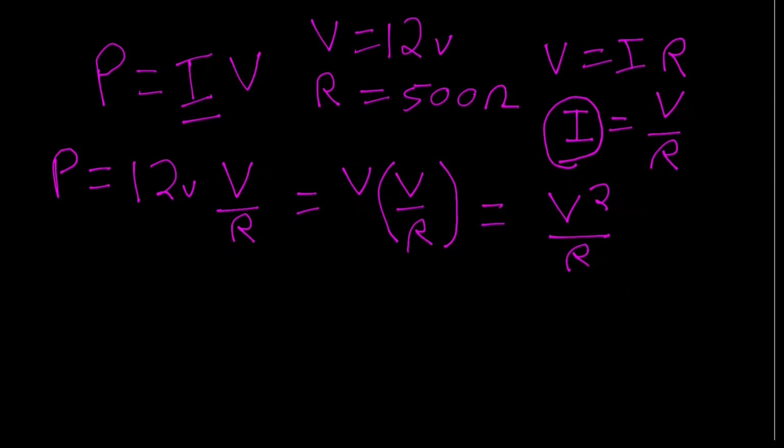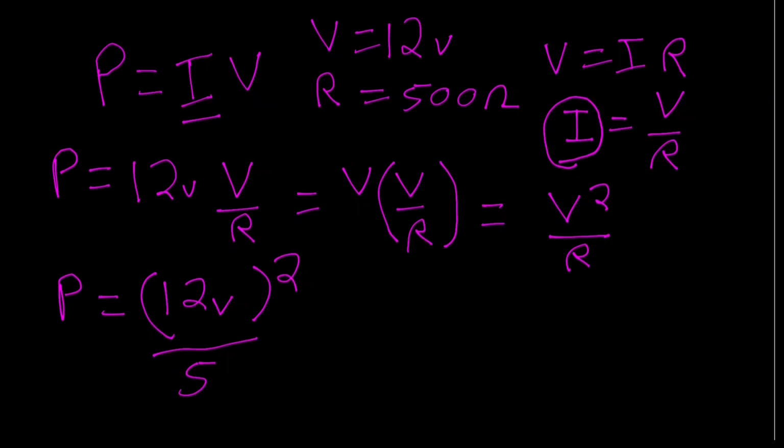So let's go ahead and plug the numbers in. So power in this case is voltage squared over resistance, and we have a voltage of 12 volts. And we want to square that, and we want to divide that by the resistance value of 500 ohms.